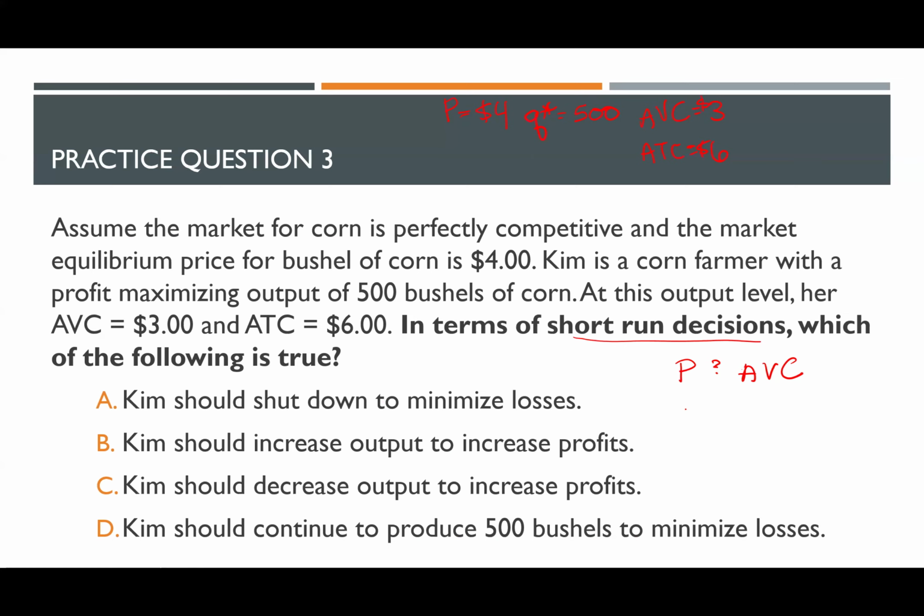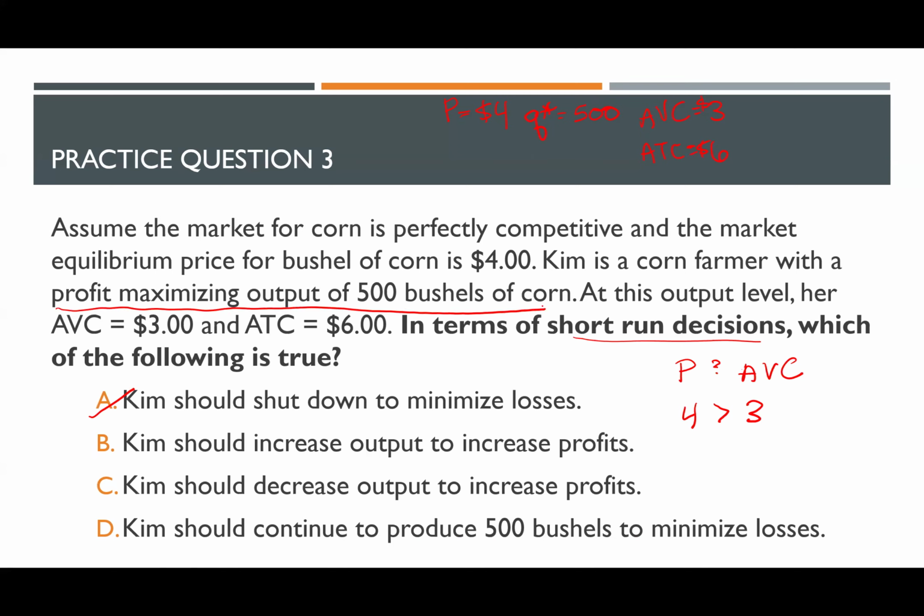All right, so in this case, we have a price of $4 and an average variable cost of $3. So obviously 4 is greater than 3. And so we know that Kim is not going to shut down. So she's going to continue to operate. The next question is, should she just continue producing 500 bushels or should she change the amount she produces, right? Notice that in the givens, we've said that her profit maximizing amount of output is 500 bushels of corn.